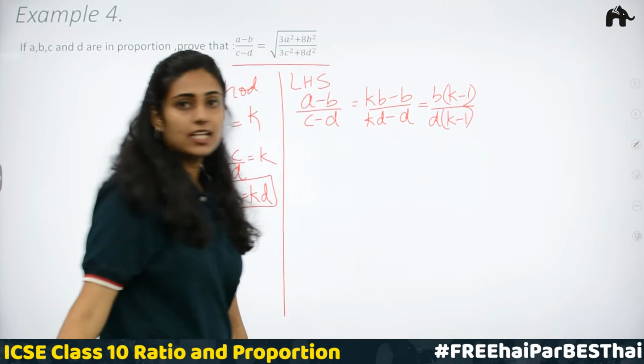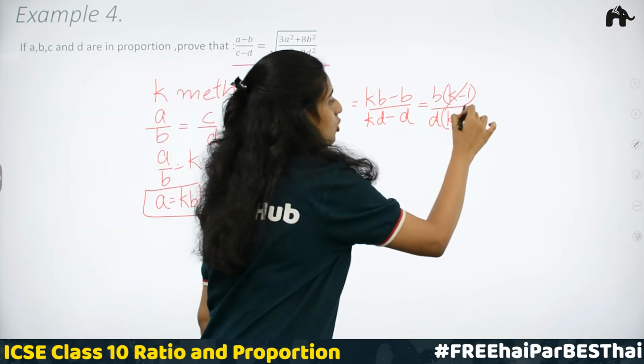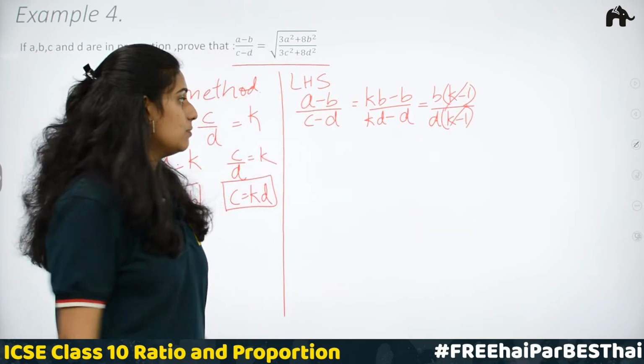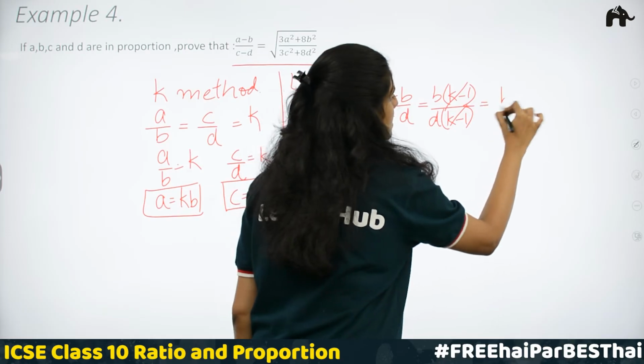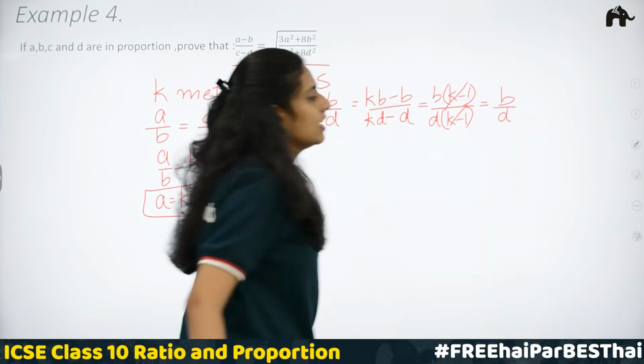K minus 1 and K minus 1 can be cancelled. Numerator and denominator, we have K minus 1 which can be cancelled. We have LHS is equal to B by D.